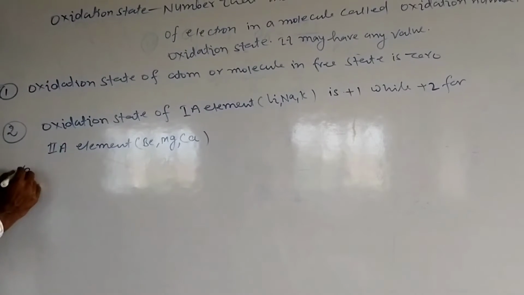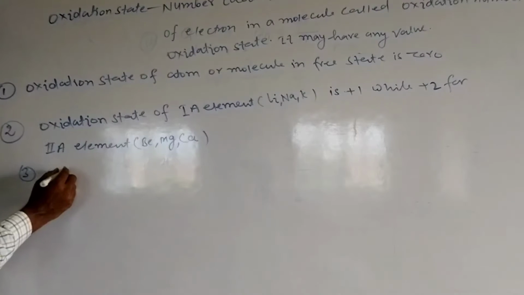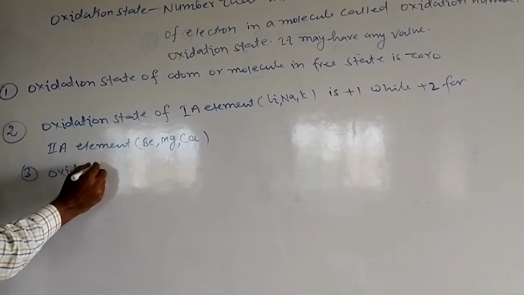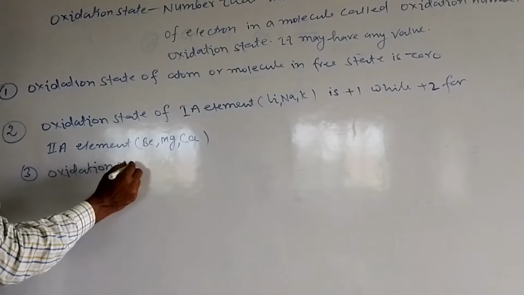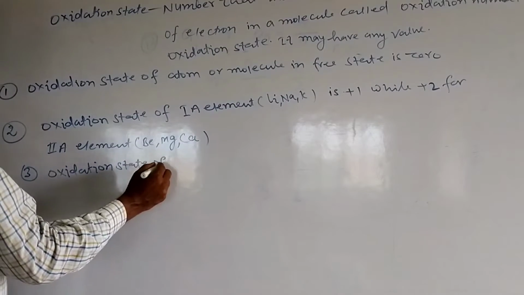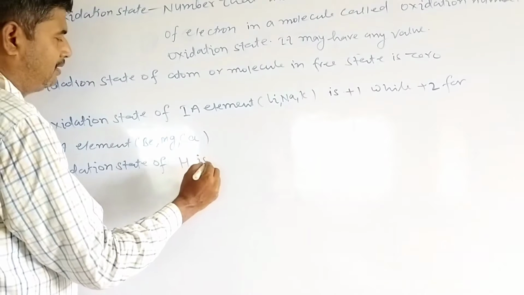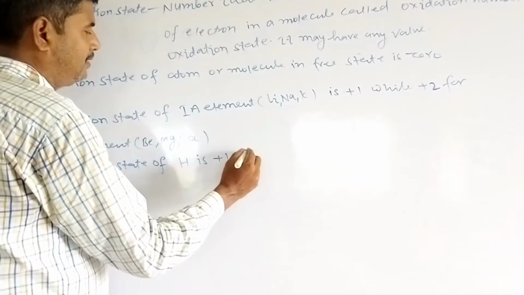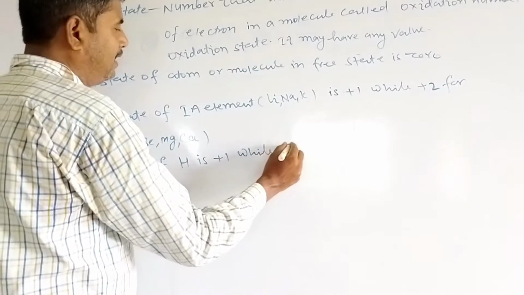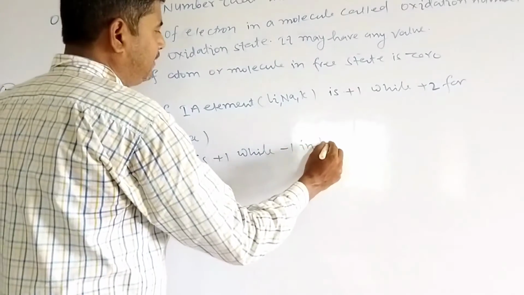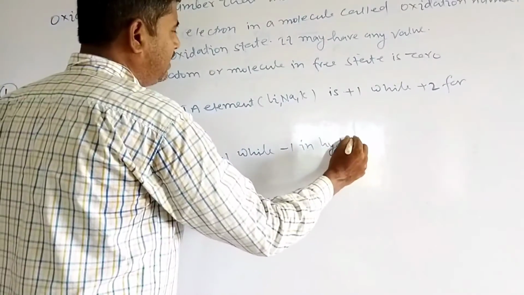Third, the oxidation state of hydrogen is +1, while -1 in hydride.